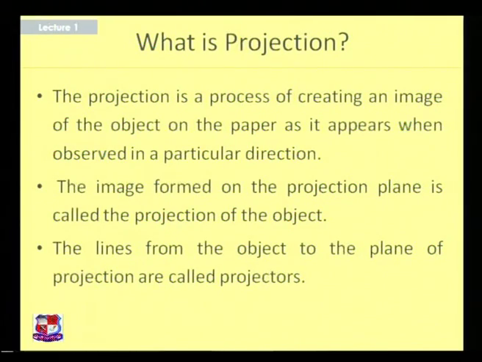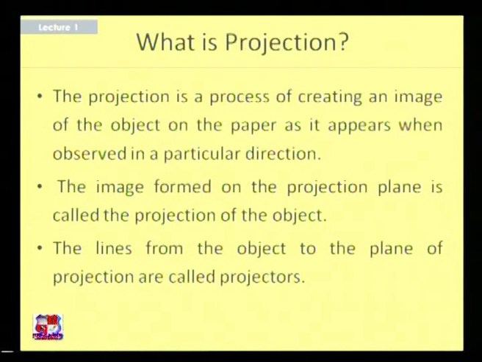So for that purpose, the 3D object is converted into different views of images. How can we obtain the different views of an object as images? It is possible by the use of different projections.